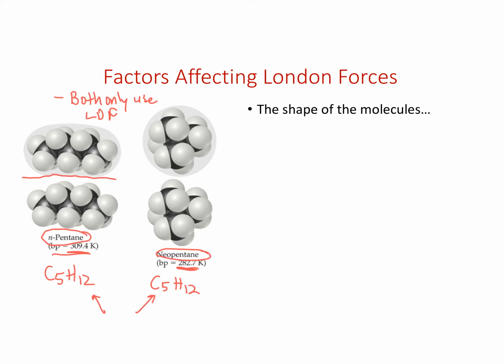N-pentane is a flat molecule, so I can stack many molecules on top of each other, maximizing the surface area for these London dispersion forces. That means I'm going to have more London dispersion forces, and I have to put in more energy to break those interactions to take the sample from a liquid phase into the gas phase.